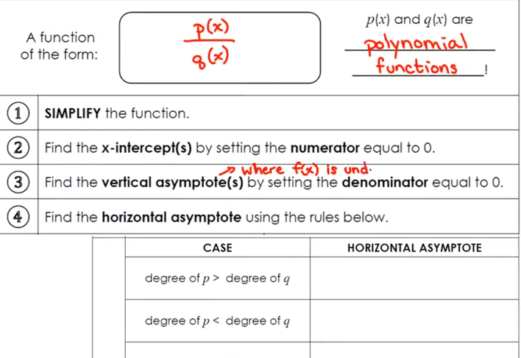That's what an actual vertical asymptote is. It is an x value. When you plug it in, it causes you to divide by 0, which we are not allowed to do. That's why we set the denominator equal to 0.